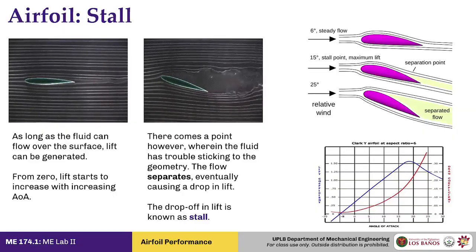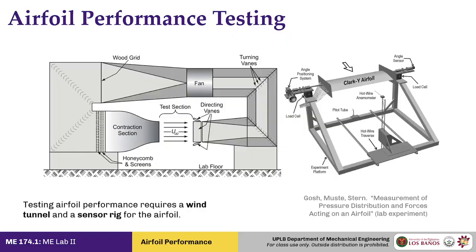Now that I've mentioned airfoil testing, it is important indeed to know where the stall angle is. Hence why we usually see a lot of performance testing involved for airfoils. And we usually do that through wind tunnels. So a wind tunnel has a lot of static and dynamic parts.